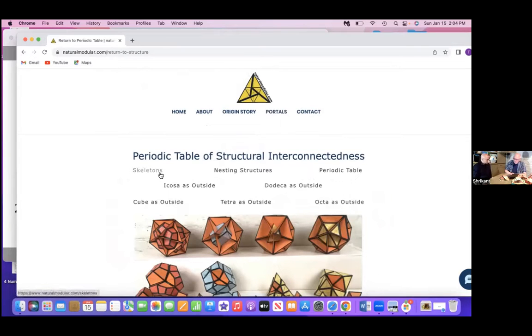Okay, the skeletons we've talked about already. The nesting structures. I love the idea of skeletons, by the way, because what it does, like most people, is it's a way of saying that, look, center matters. Not just the periphery, not just the skin, but the center matters, because the skeleton is simply lines running to the center.